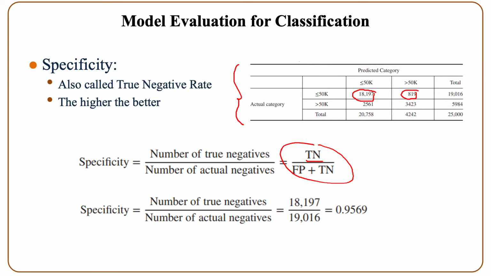The sum of the false positive and the true negative is actually on the column in the right. So we plug those in here and calculate. We get about 95.7%.